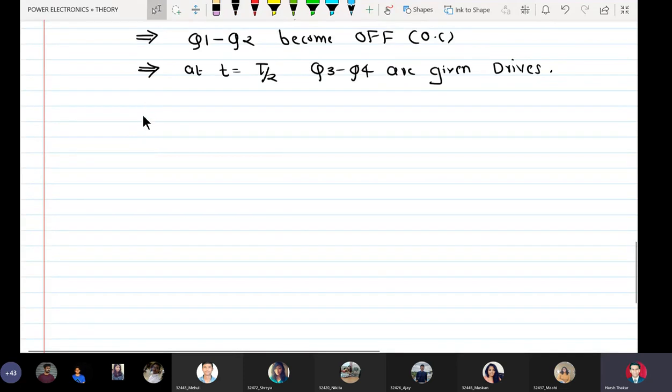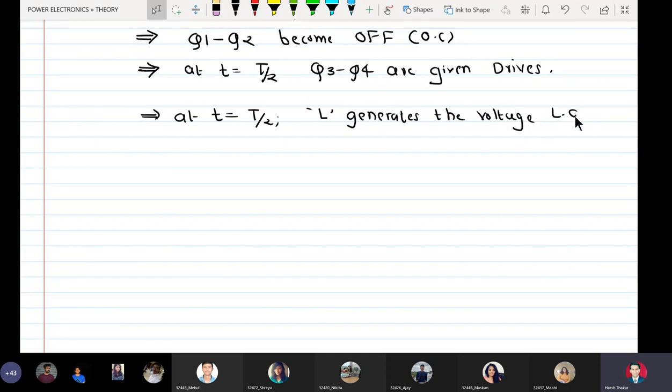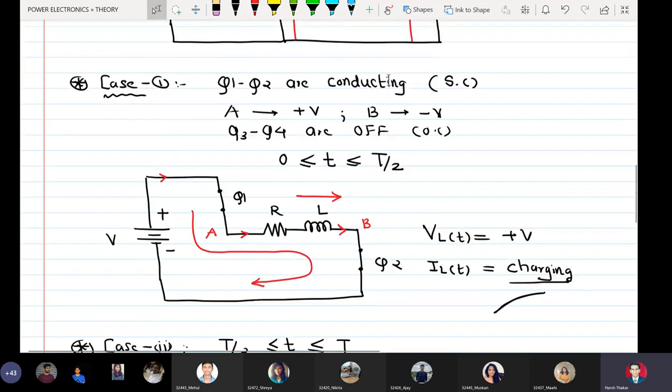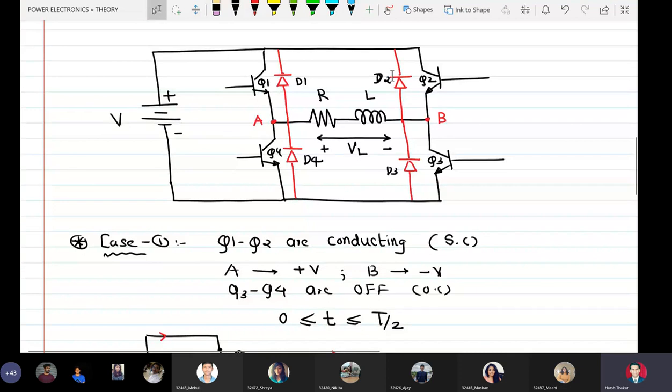So at t equal to T by 2, L generates the voltage L di by dt, as shown. I will erase this, make a smaller L, and show how it is.